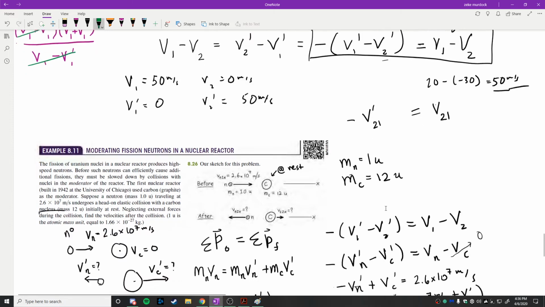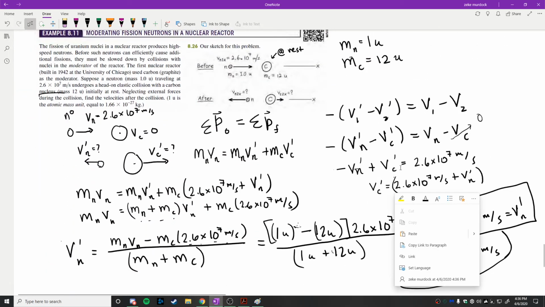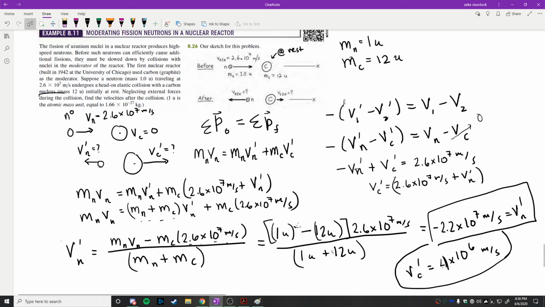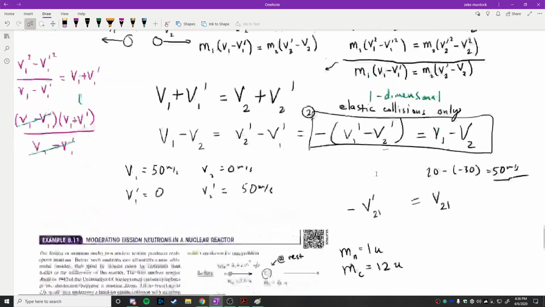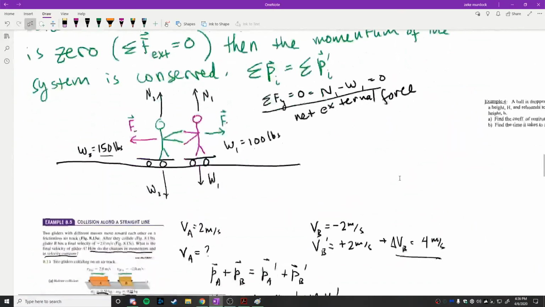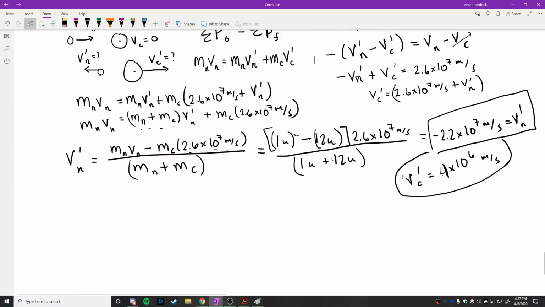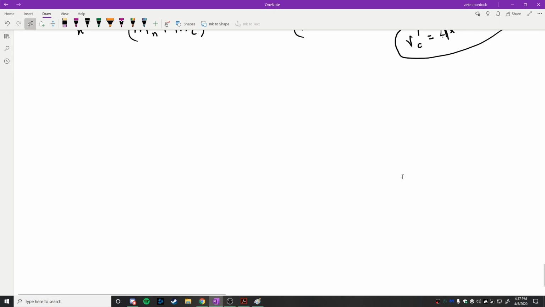There's going to be a similar equation that we can develop, but it's a little bit different when we talk about two-dimensional. Okay. Do you guys have any questions? Should we start talking about two-dimensional collisions now?